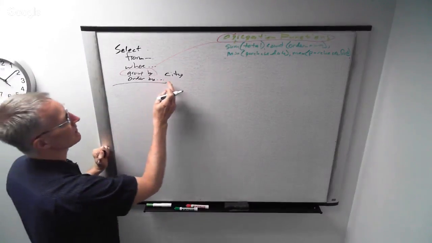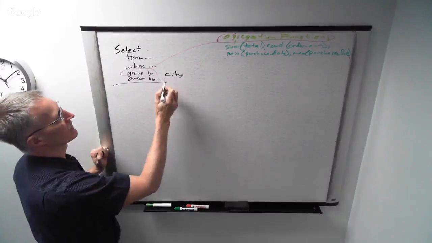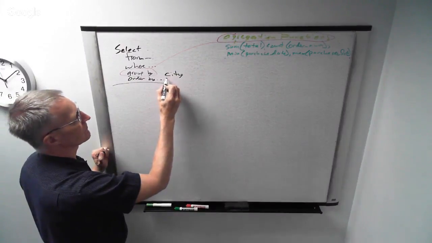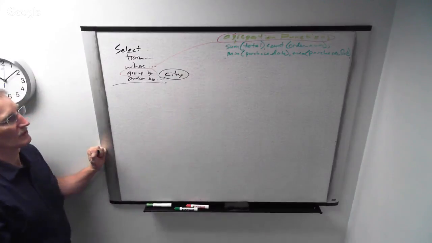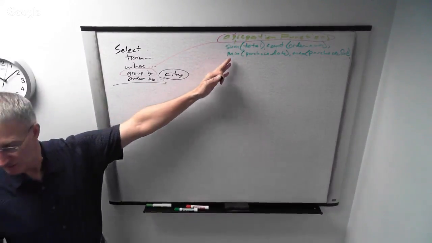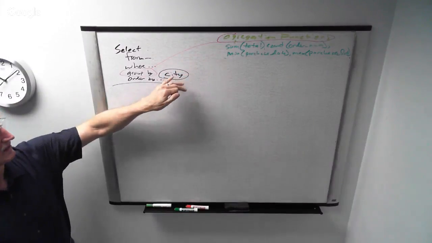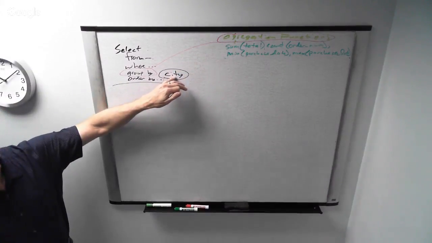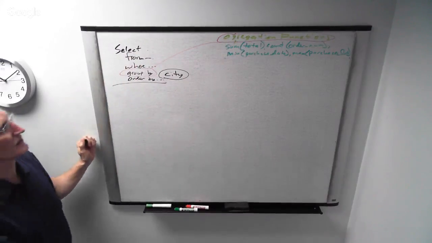But if I say I need to group by something here, that's the point. I've got city in here. In order for this information to be useful, whatever I put down here in the group by needs to be up in the select clause.